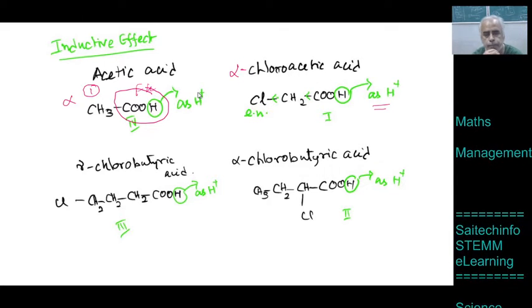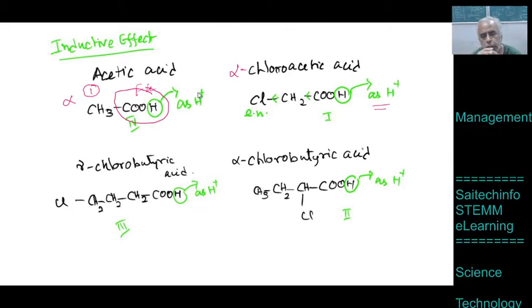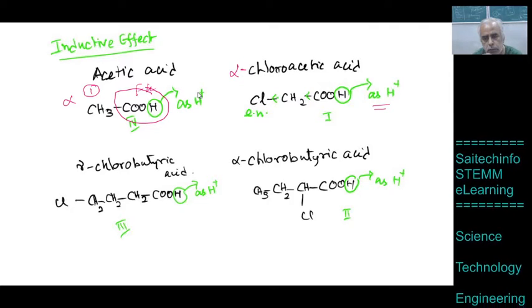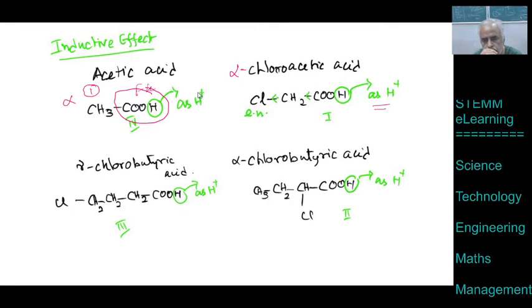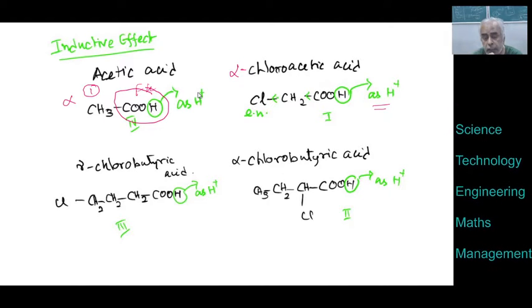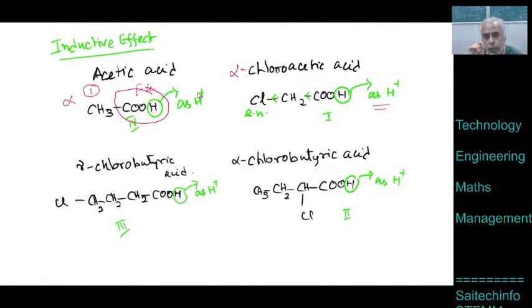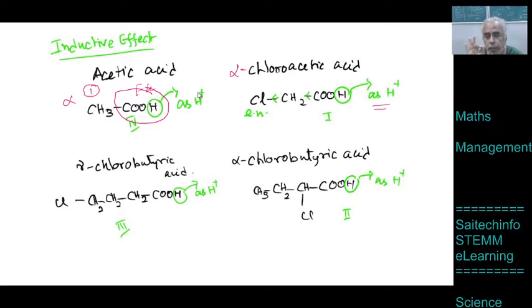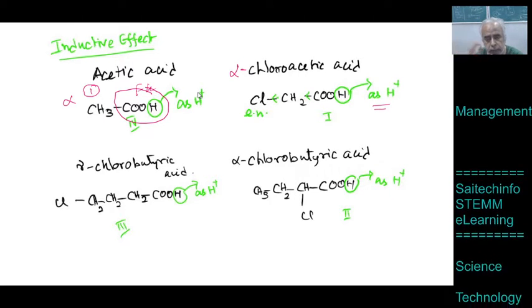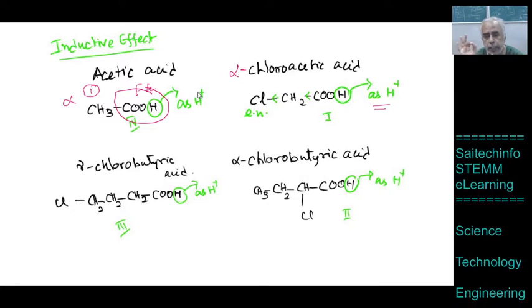Now what about the electron transfer here? It is the electron transfer along the sigma bond, and it is directed towards an atom with high electronegativity. And in alpha chloroacetic acid, which atom is highly electronegative?